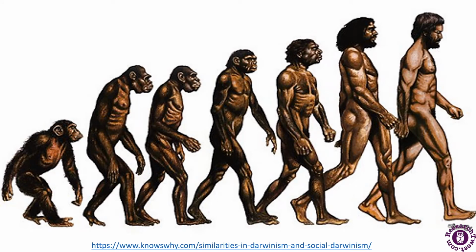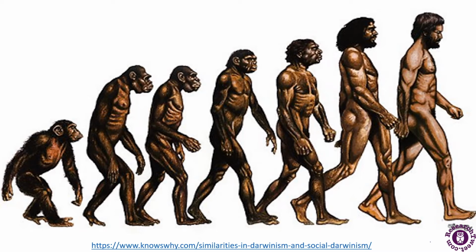He gave the theory of evolution as well, which is known as the theory of natural selection. And he published a book on that, which is The Origin of Species by Natural Selection. This is how evolution takes place: through the mutations of evolution, a monkey changes into a human being, a Homo sapiens.